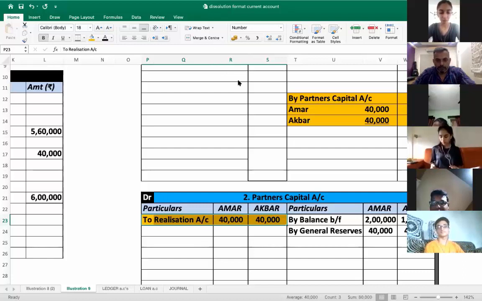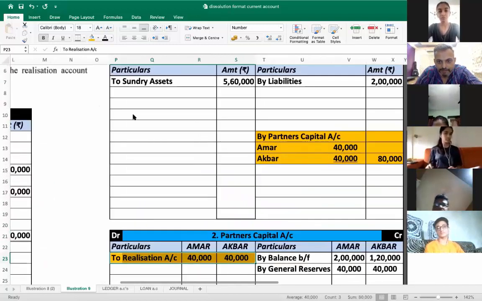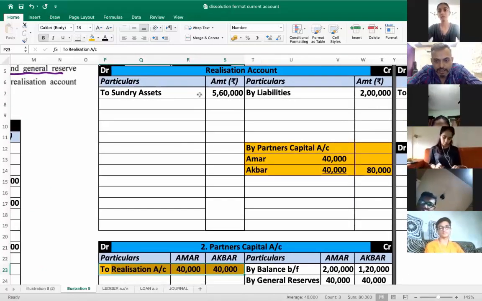Now यहाँ पे हमारे पास दो चीज है. एक है हमारे पास असेट्स जो हमें बेचने हैं और लायबिलिटी जो हमें पे करनी है. तो लॉस किस सिचुएशन में आ सकता है? असेट्स को बेचने में या लायबिलिटी को पे ऑफ करने में? तुम बुक में देखना छोड़ो, तुम्हारा दिमाग लगाओ सब, और सब अपना वीडियोस ऑन करो प्लीज. मेरा क्वेश्चन है, असेट बेचने में लॉस होगा या लायबिलिटी पे ऑफ करने में लॉस होगा?